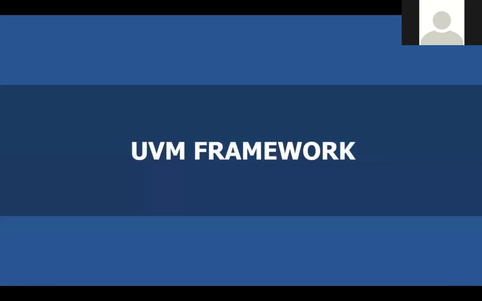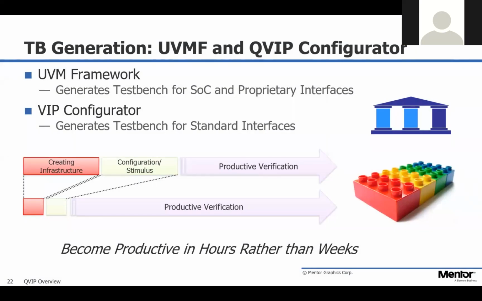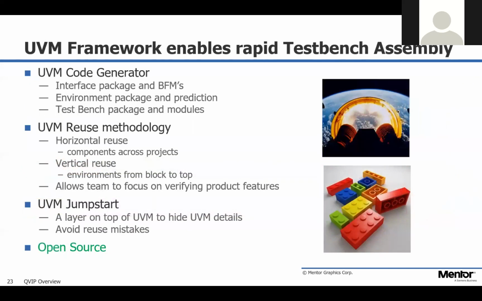So the UVM framework, as I said, it's really about getting you up and running as quickly as possible with your UVM test bench. It is a code generator in the sense of, instead of needing to write every piece of UVM code that you're going to use, which can get quite complicated, you can start out by creating a template for each of your agents that describes the I/O of that agent.